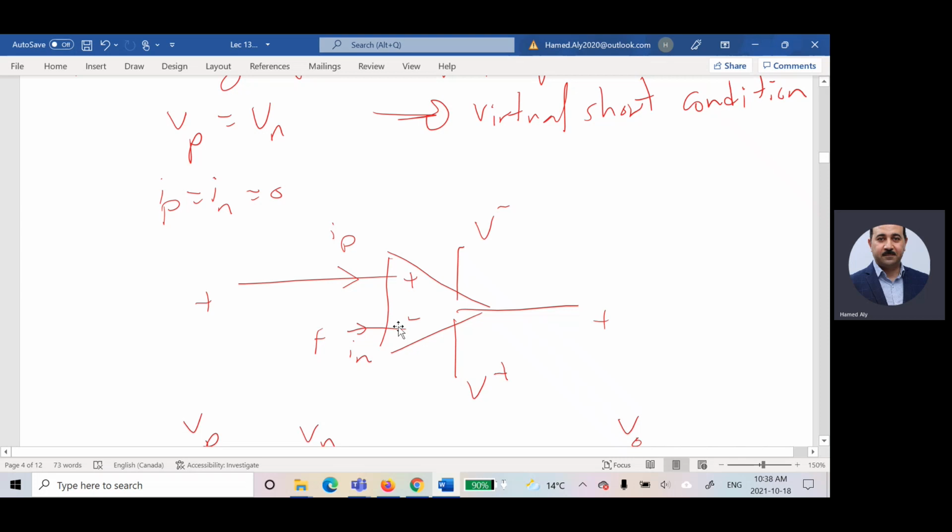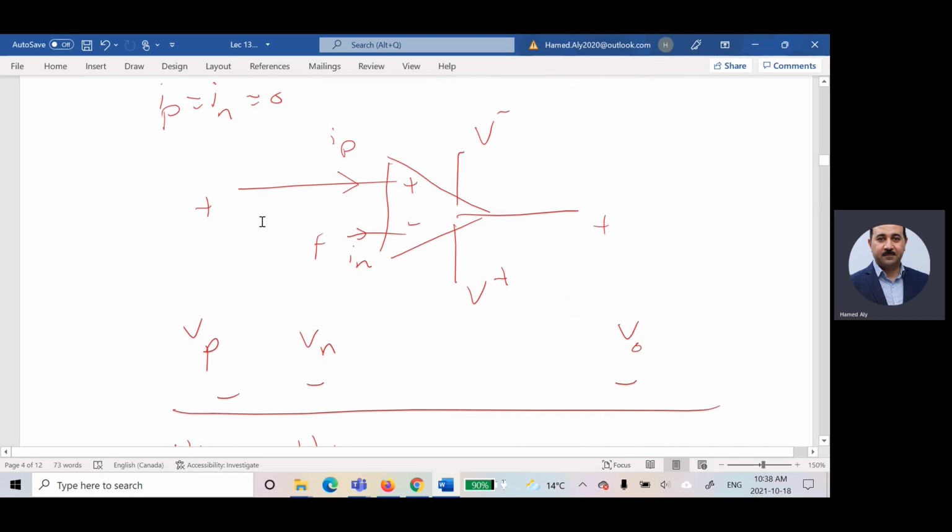VP is measured from the positive terminal to the reference or neutral, and the negative voltage is measured from the negative terminal to the neutral. The output is measured between that pin and the reference.